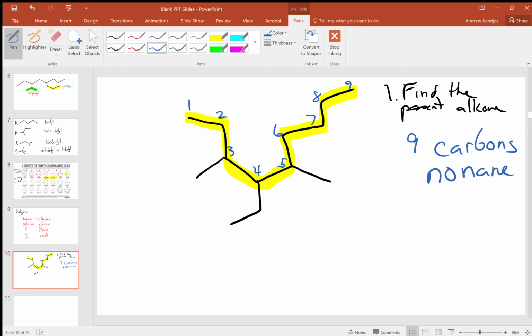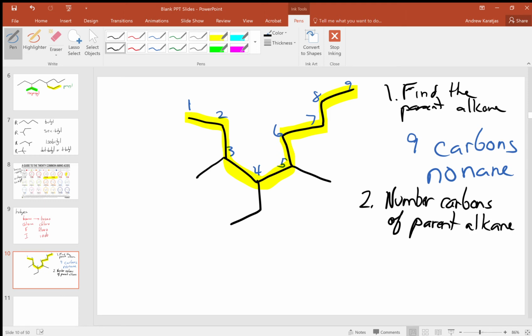What's the next piece? Well, now we number the carbons of the parent chain. And for a straight chain alkane, there's always going to be 2 options.